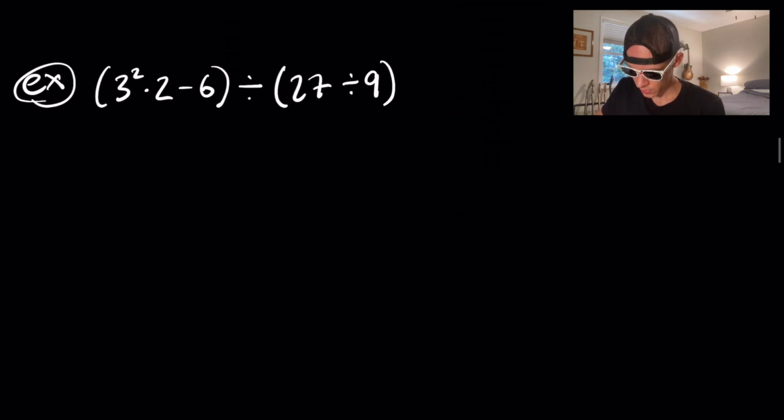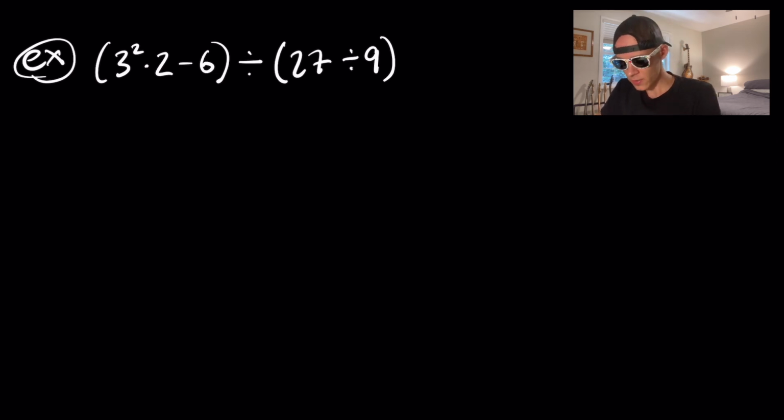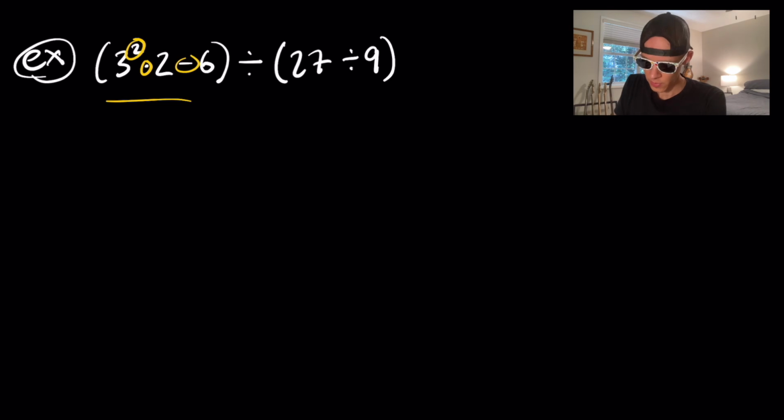All right, next one. In parentheses 3 squared times 2 minus 6, divided by, in parentheses, 27 divided by 9. So we got 2 parentheses, but it doesn't matter which one we do first. I'll just do this one on the left first. So going inside, we got an exponent, multiplication, and subtraction. So I'll do the exponent first.